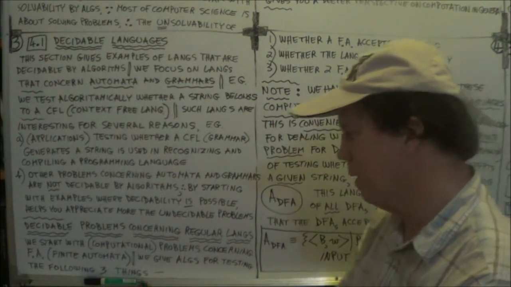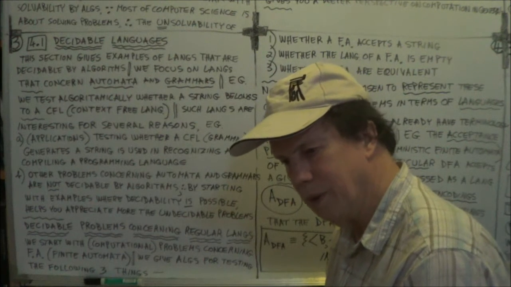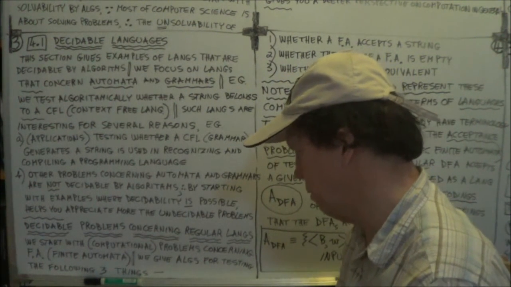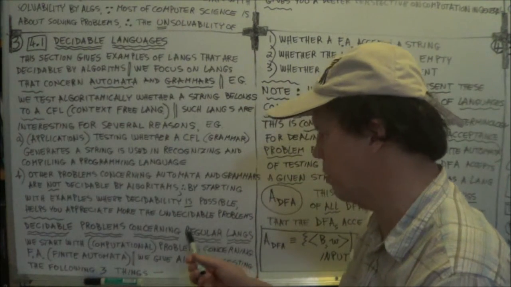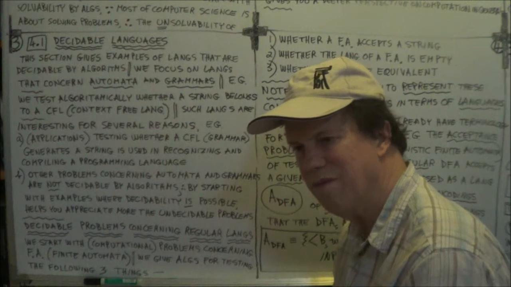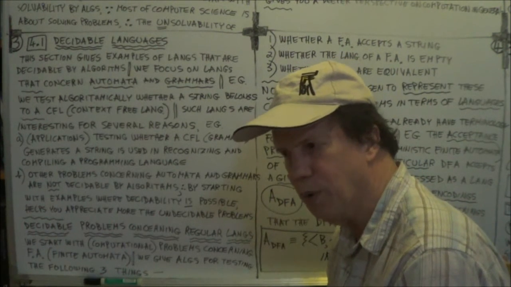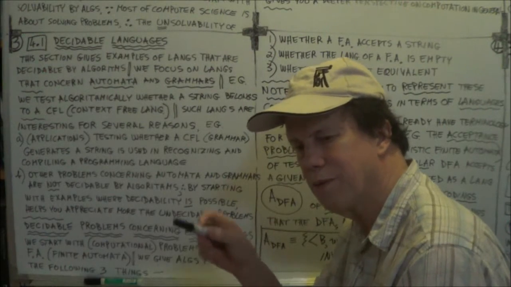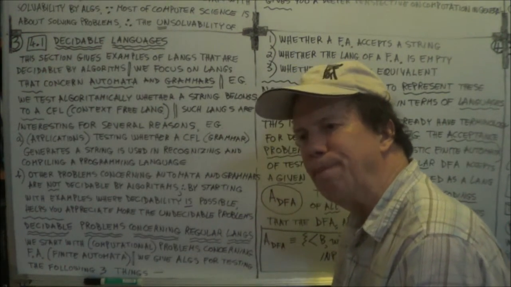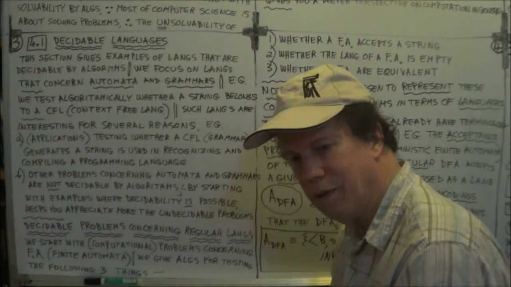So we'll start now talking about decidable languages, and to be a bit more specific, we're going to start with regular languages. Now they're a rather narrow category of languages. Next board we'll do subsets within subsets within subsets and so on, of various categories of languages.